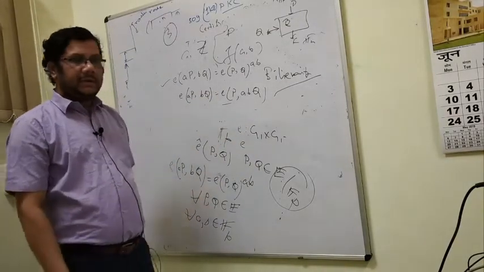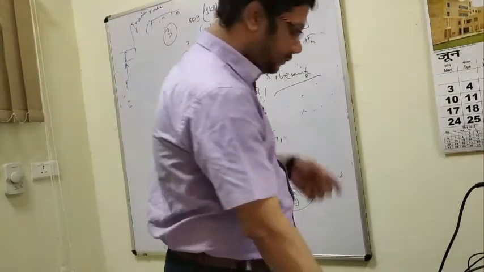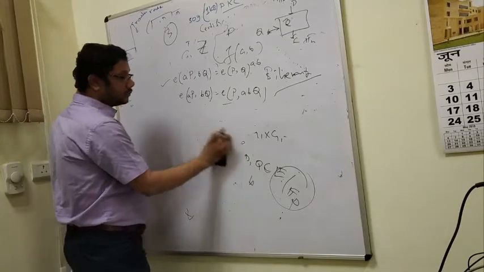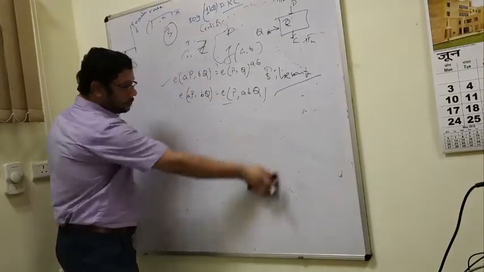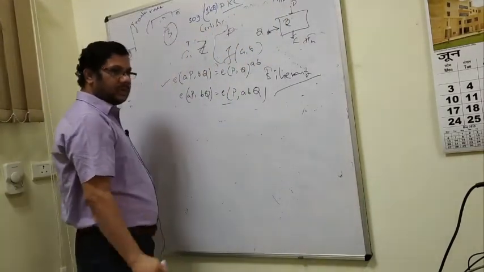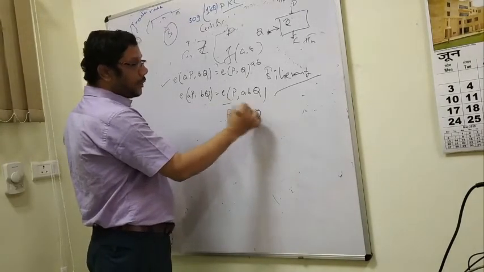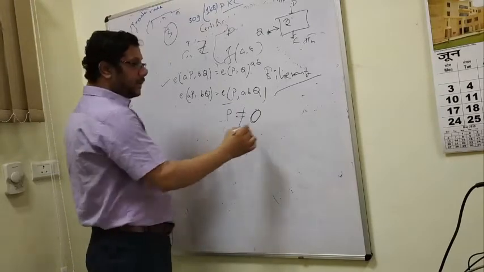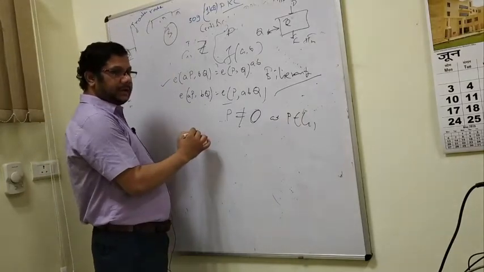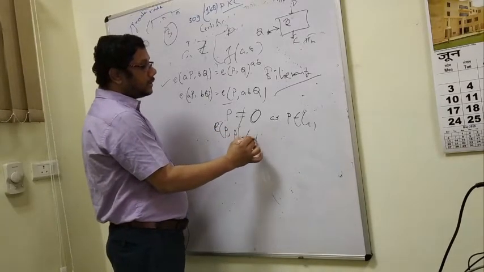Second property is non-degeneracy. What is the property? Non-degeneracy. If P is not the O point, not the identity point, and P is any other point in the elliptic curve, then E(P,P) is not the identity point in G2.